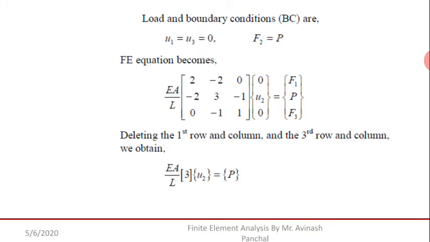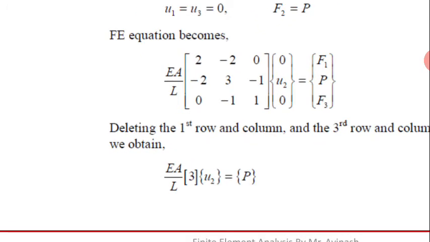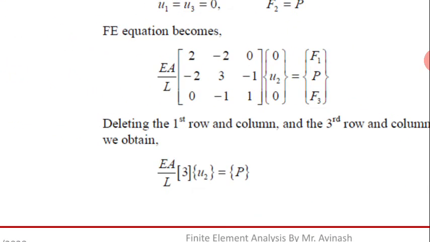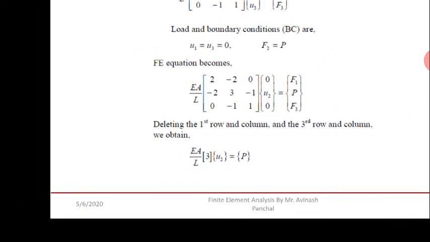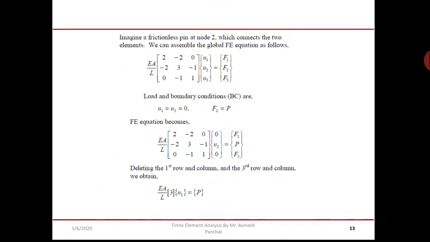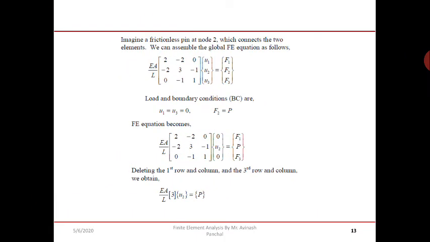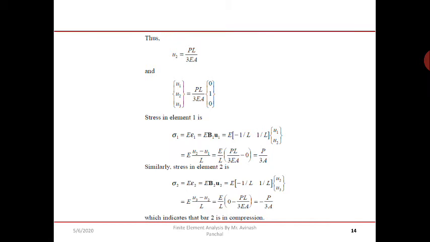Only the center value, the second diagonal element 3, remains and is multiplied by u2. So we have EA into 3 divided by L into u2 is equal to P. This equation gives the displacement at node number 2: u2 equals PL upon 3EA.